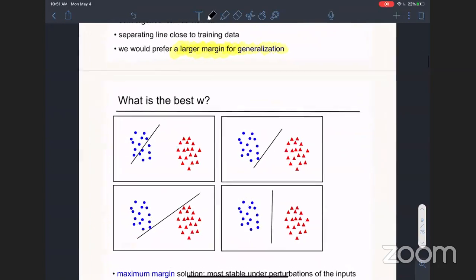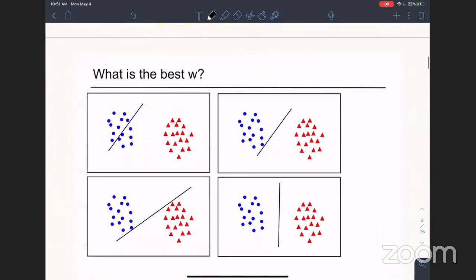To have that intuition, let's go over this plot. Out of these 4 plots, 1, 2, 3, 4, we have not taught you anything yet, so just from your visual inspection or intuition, which of these 4 classifiers do you think is a good classifier that can work well on generalization, on unseen test samples?